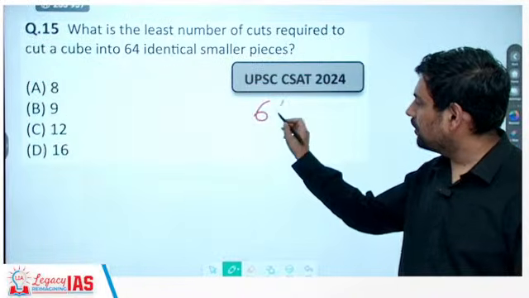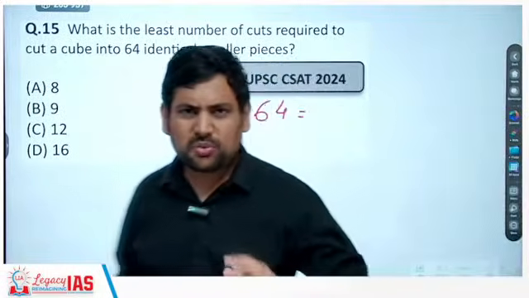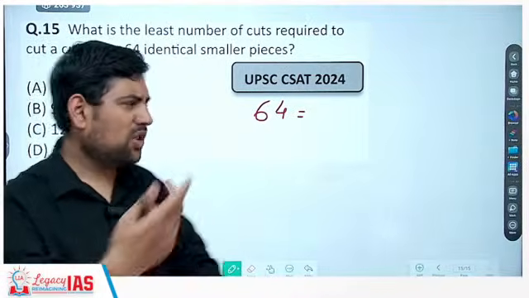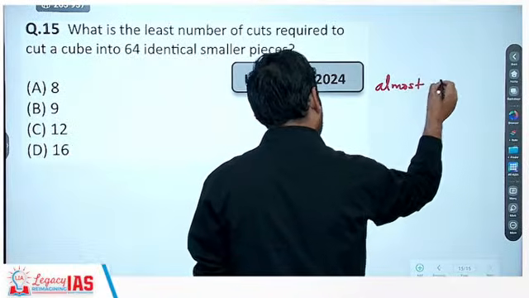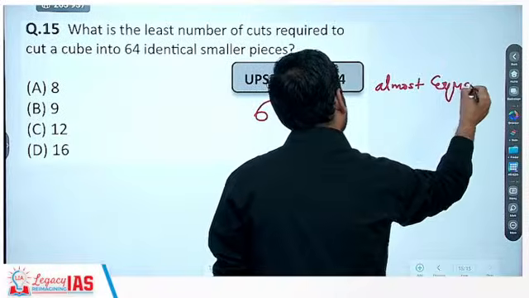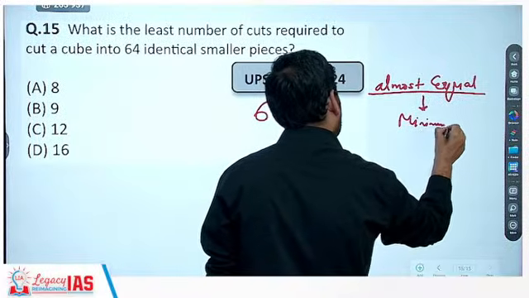First thing you will do, you will try to divide 64 into almost equal parts. We always try for almost equal. In this case, equal is also possible. That gives you the minimum cuts.